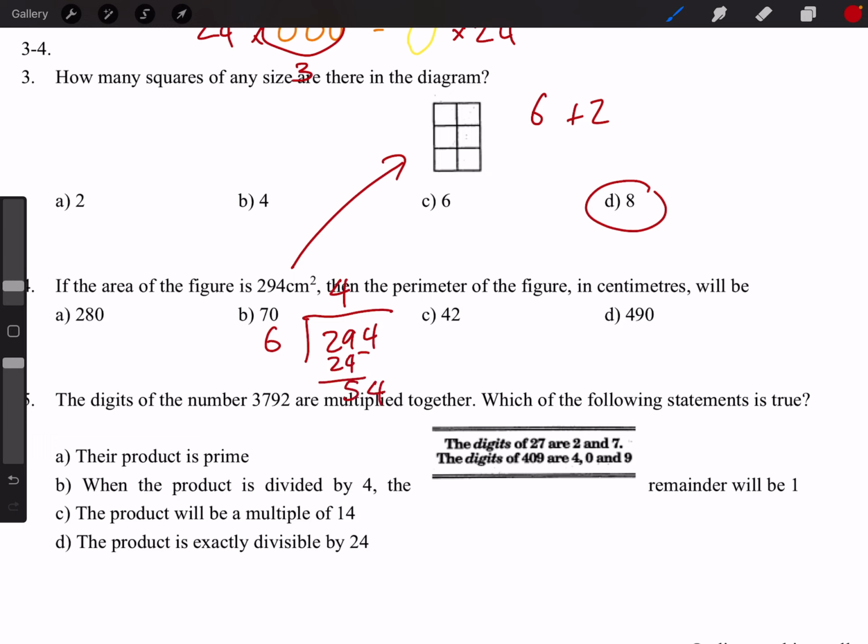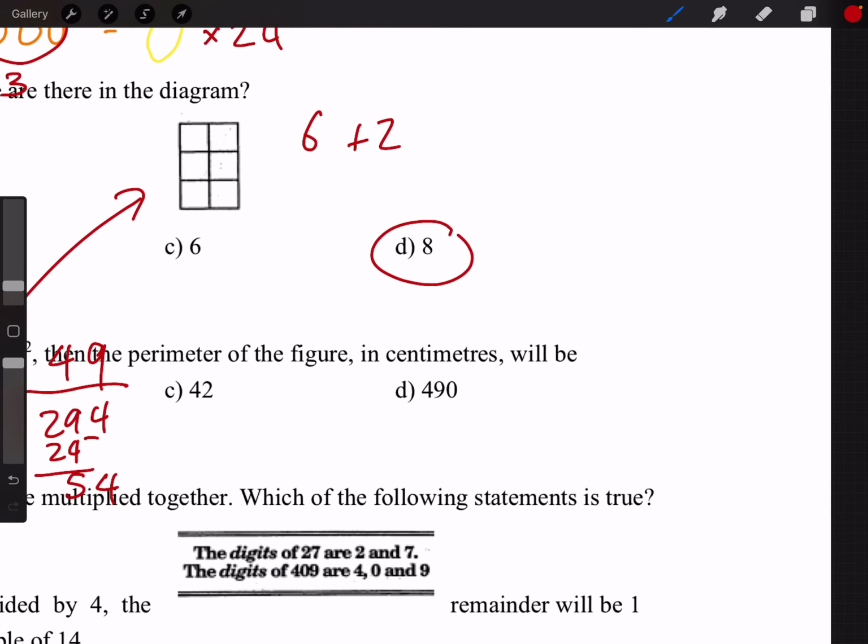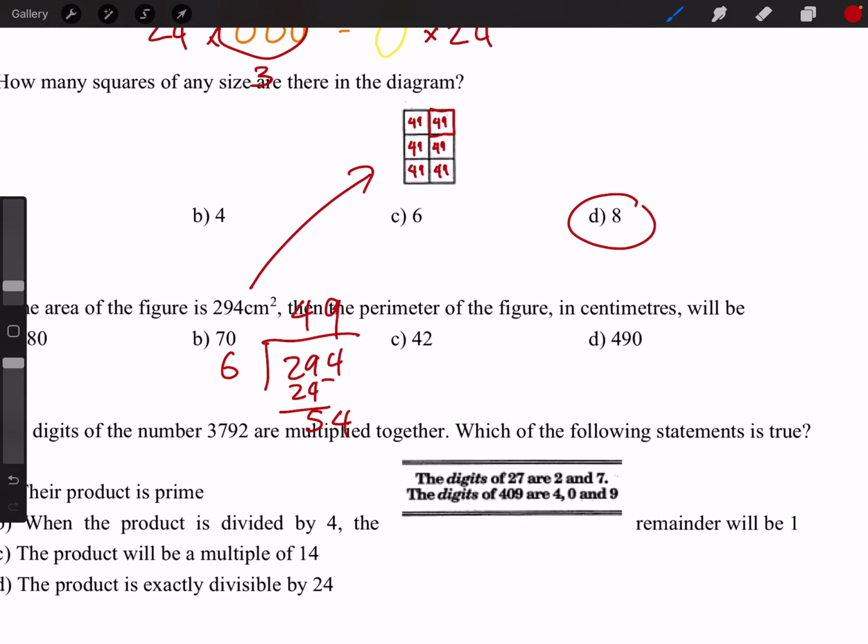And then 54 divided by 6, you get 9. So each one of these squares has an area of 49, because together they'll have a total area of 294. That's what it says right there. But we divide by 6 to see the area of each square.